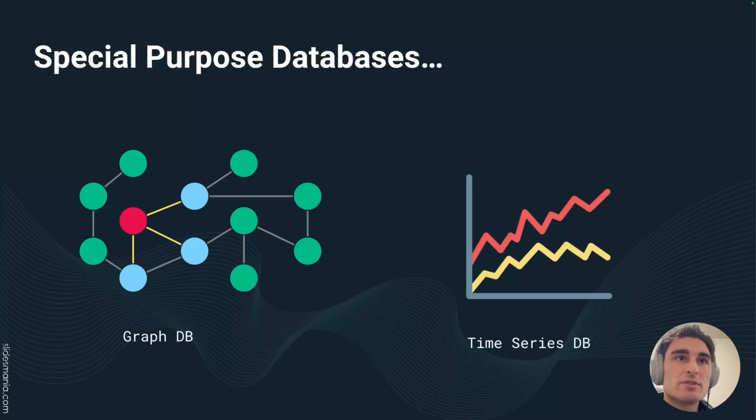There are several somewhat special purpose databases for specific unique applications. Noteworthy ones include graph databases, which are used for representing very large and complicated networks, which have a huge number of interconnected nodes.